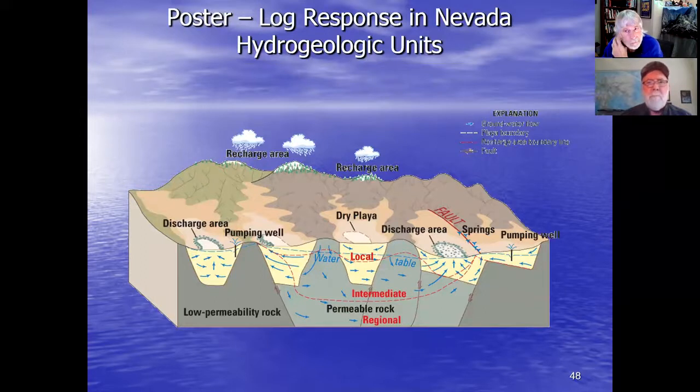This is a general block model of the basic conceptual Nevada hydrogeology, where we have intervening mountain ranges that are separated by basins or grabens, and the material that's eroded off of the mountains forms what is called basin fill. Some of the bedrock is relatively permeable and some of it isn't.